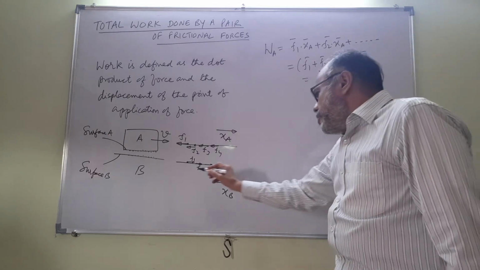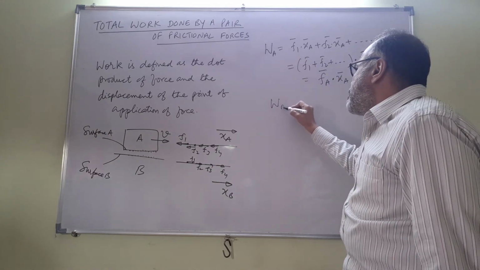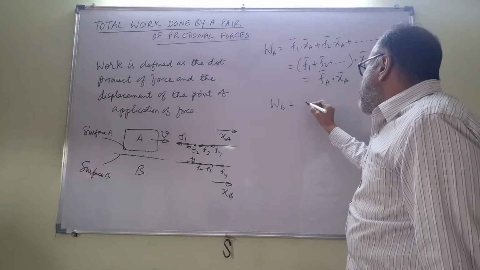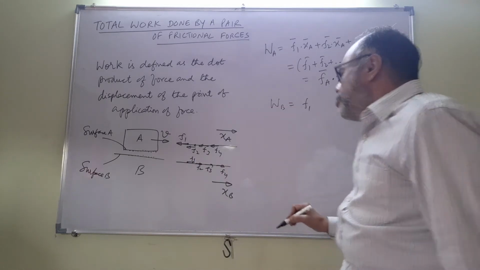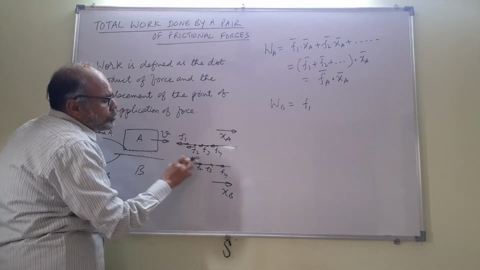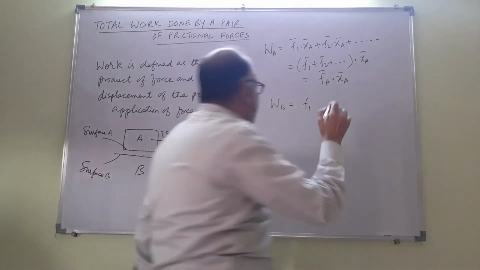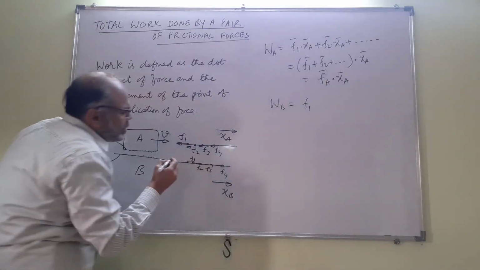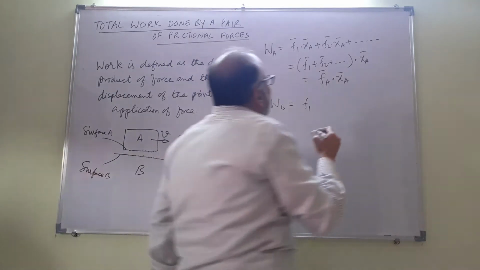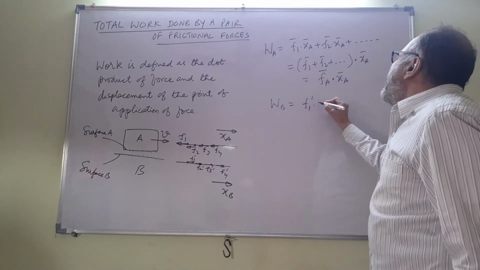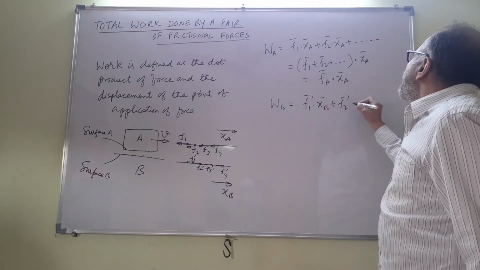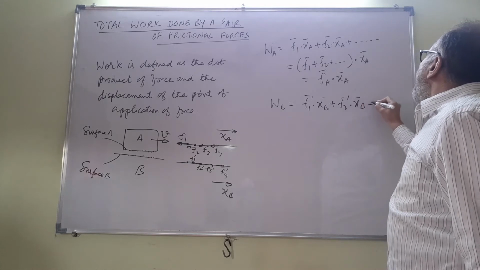What about the surface B? The work done by the frictional forces acting on surface B would be much the same way, but here these forces are in the opposite directions. So I will call them F1 dash, F2 dash, F3 dash, F4 dash. So it is F1 dash dot XB plus F2 dash dot XB, and so on.